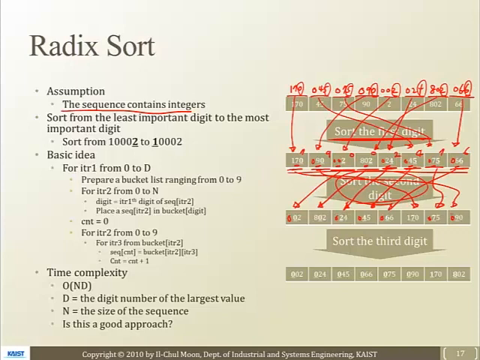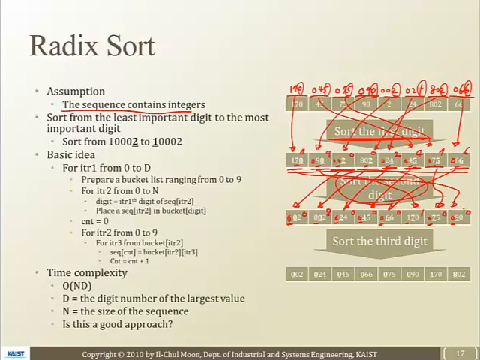Right. And finally, I'm going to add 0 here. We are going to look at the third digit. The third digit is here, here, here, here, like this. And what we have is 0, 8, 0, 0, 0, 1, 0, 0.